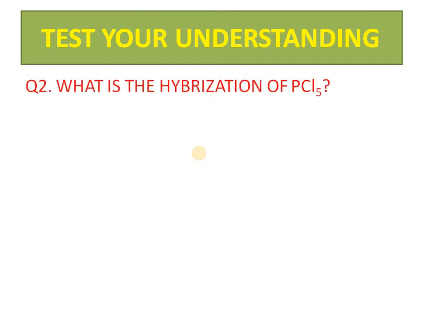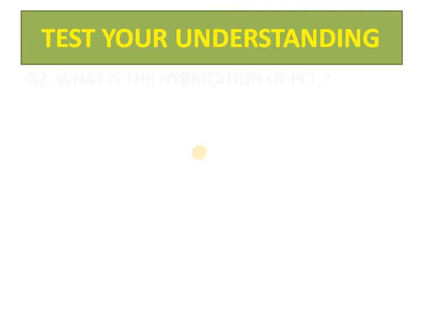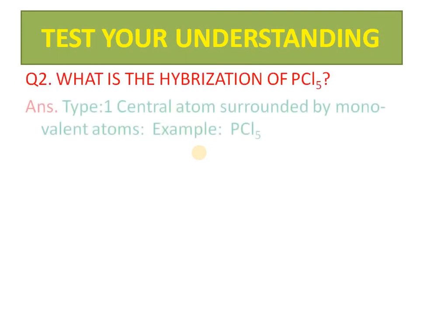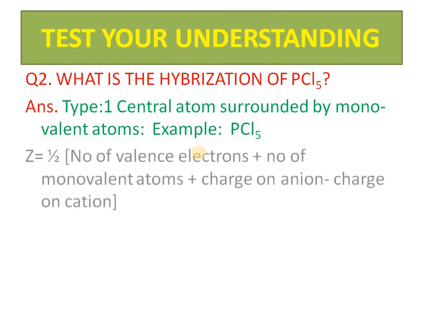Next is one more question: hybridization of PCl5. If you have calculated well, very nice. Otherwise, we can explain how to solve the hybridization. The central atom is phosphorus; different types are there, and accordingly we can find the hybridization. This is the formula: number of valence electrons is 5, number of monovalent atoms is 5. 5 plus 5 is 10.